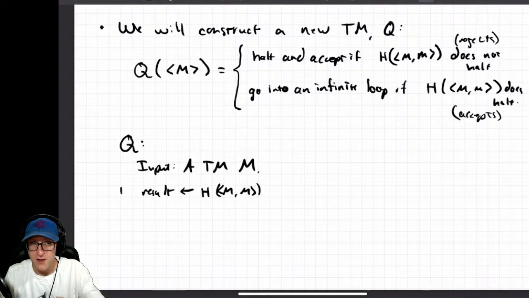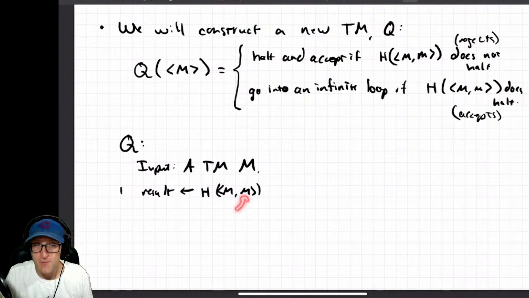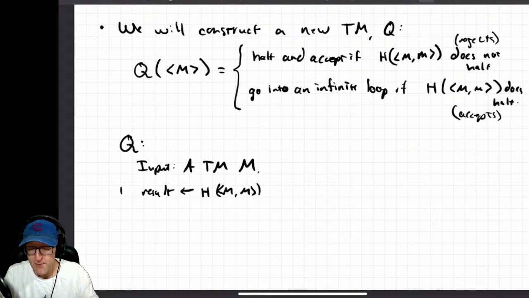All you have to do is make a copy of it as its own input, so that you can ask the halting problem's Turing machine, if I were to run M on itself, what would the result be? Is it going to halt or not halt?